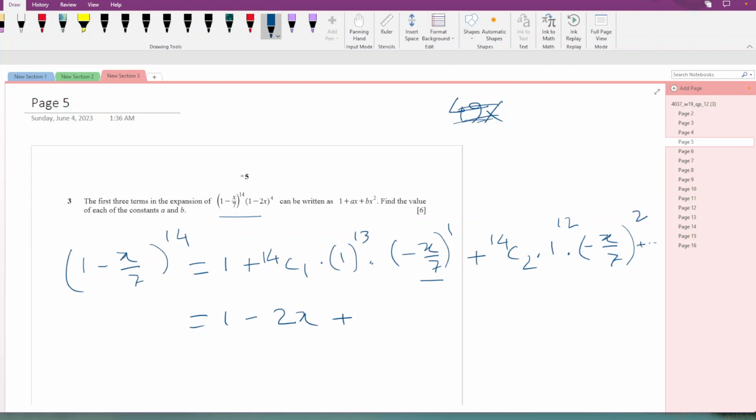I calculate using a calculator: 14C2 is 91, into 1/49 x squared. Here 91 divided by 49 is 13/7, therefore 13/7 x squared.